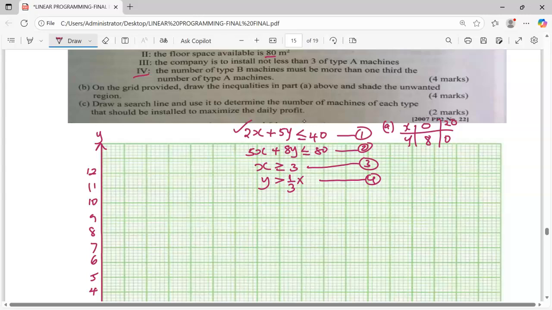For the second one, which is 5X plus 8Y is less than or equal to 40, we again make a table. When X is 0, Y is 10, and if Y is 0, then X is 16.